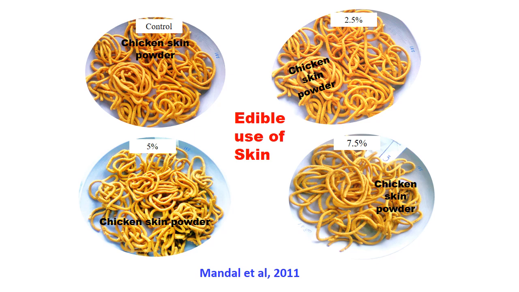Chicken skin, which is available from the market in a hygienic way, can be used for edible purpose. They are first cleaned and fat is removed and then dried and made into powder. This powder, up to 7.5%, we have added in the murukku batter and found to be suitable and acceptable. So this can be a good way of utilizing chicken skin with a simple technology.